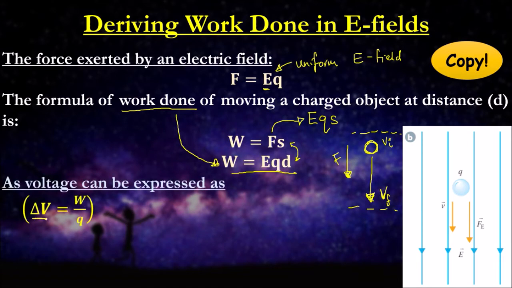We know that potential difference is work done over the charge of the particle. So if I simply rearrange, Q over to W, W over Q equals E times D, that becomes the formula we use to represent the potential difference or voltage to move a charge in an electric field. So here's a relationship.